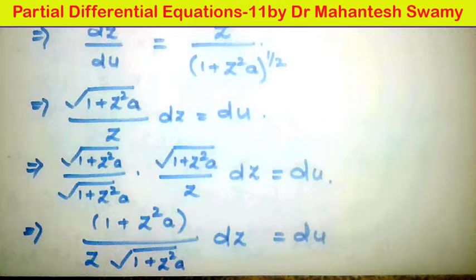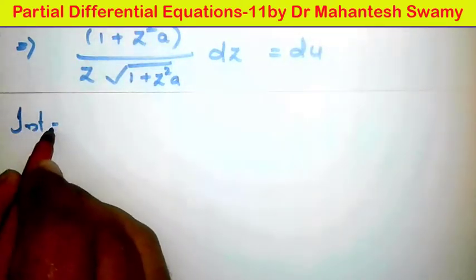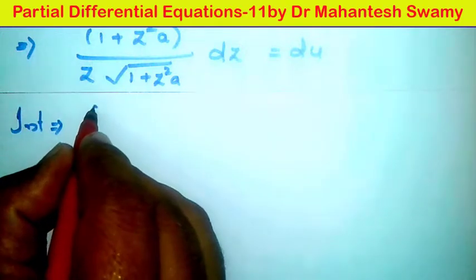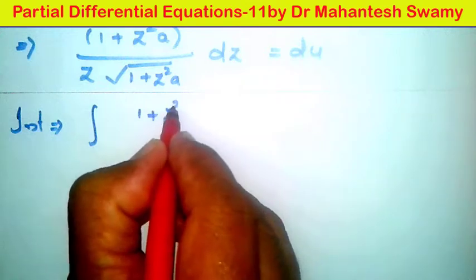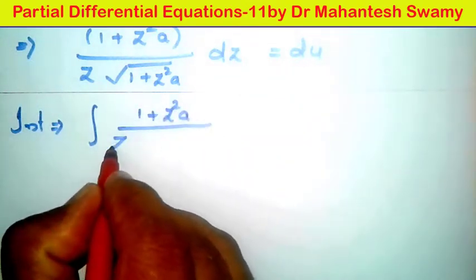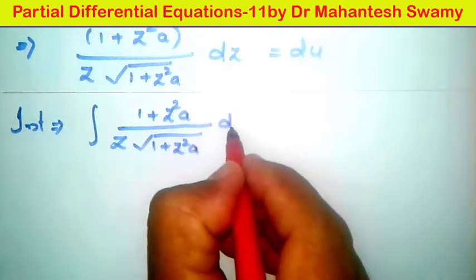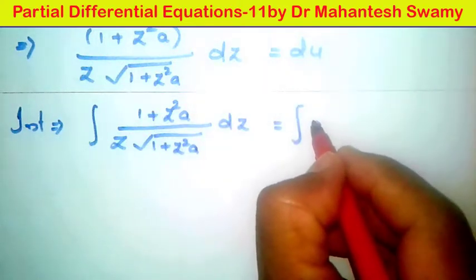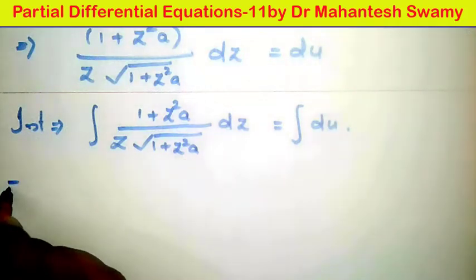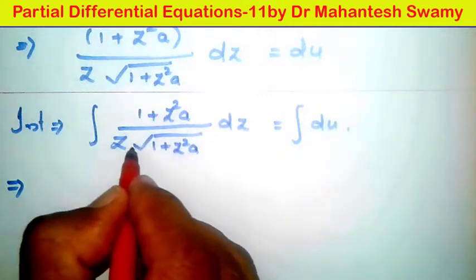So now in the next step, let us integrate on both sides. When we take integral, it is the integration of 1 plus z square a divided by z into root of 1 plus z square a into dz, that is equal to on RHS integral of 1 with respect to u. Now in the next step, here we shall separately divide the numerator with the denominator.